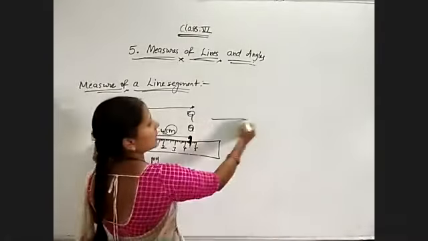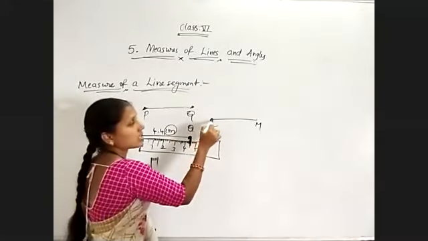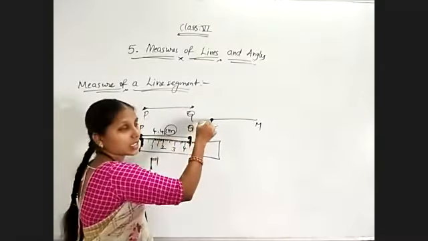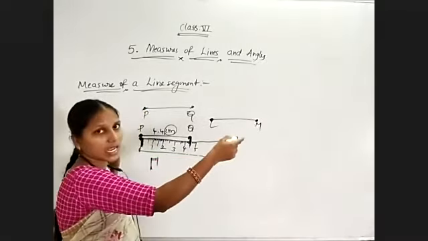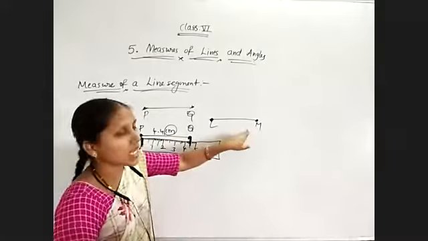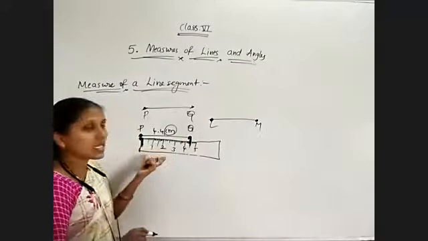Wherever a line segment is given, suppose LM, place your first line on the first point and try to find out at which line the other point M is opposite. By identifying that, we can get its length.